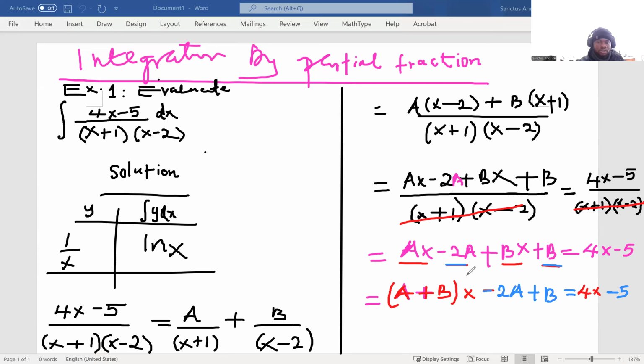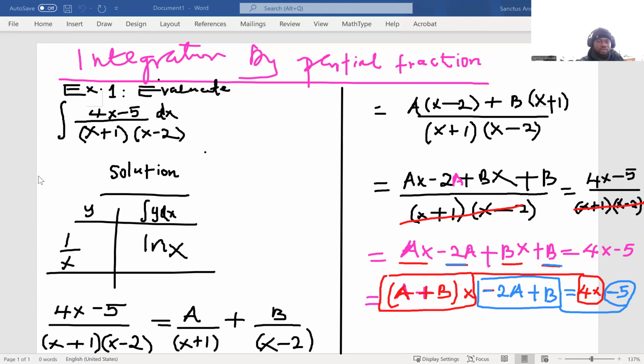It means that this whole part of the function should be equal to this part of the function, whereas this part should be equal to this. Okay? So we're going to split it and form two equations.